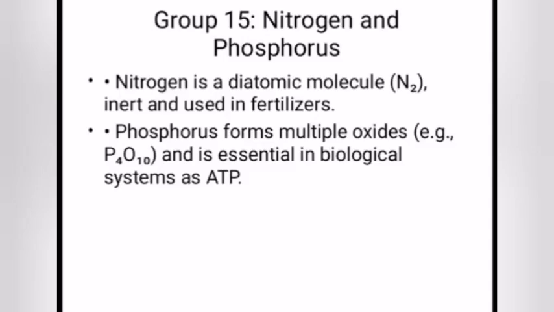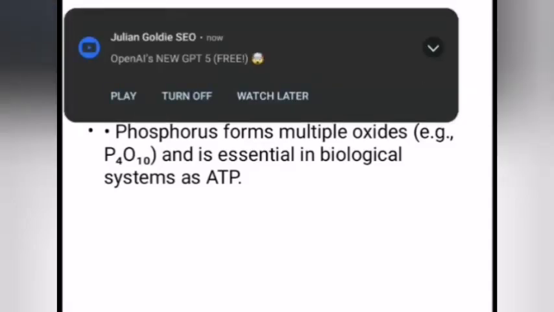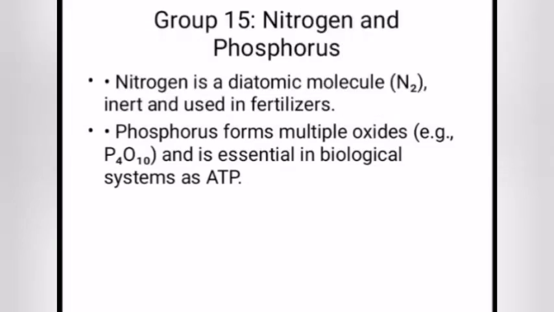Group 15 is where we have nitrogen, phosphorus, and the rest. So nitrogen is said to be diatomic. When you hear diatomic, it means you have the same element bonding with itself to form a single compound.